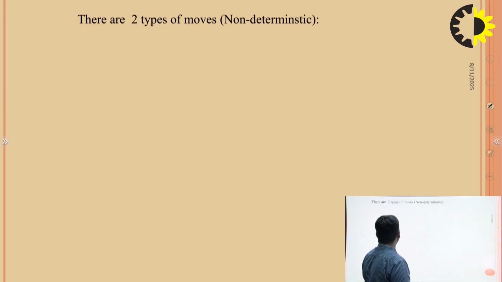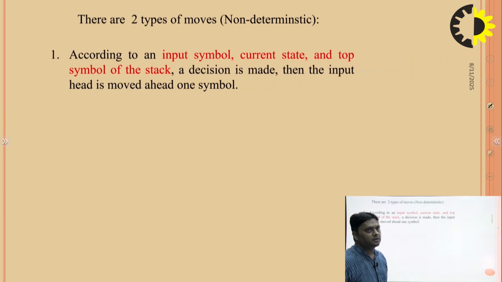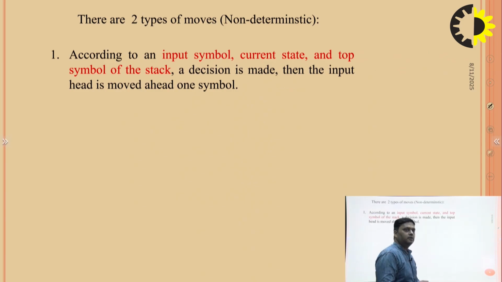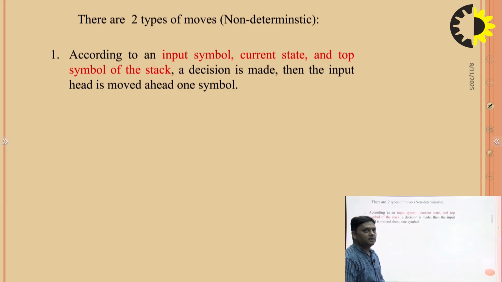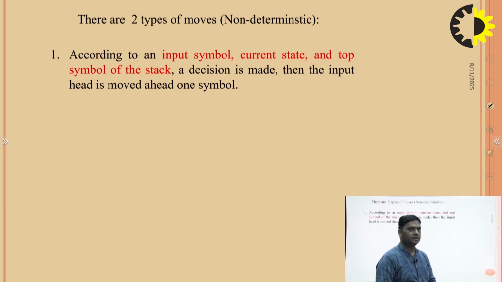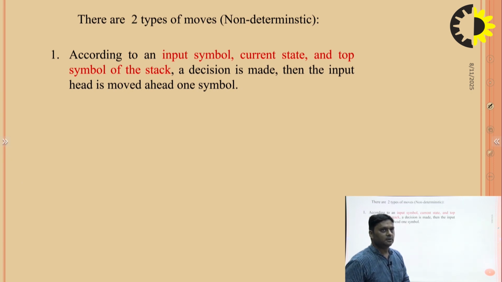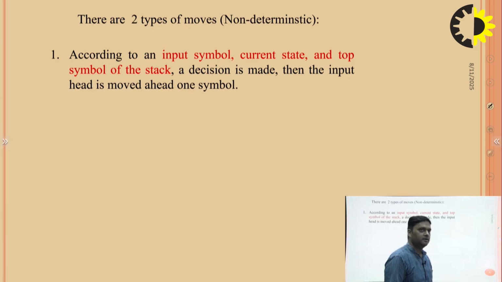Basically, there are 2 types of move in a non-deterministic PDA. According to the input symbol, current state and top symbol of the stack, a decision is made, then the input head moves ahead 1 symbol.